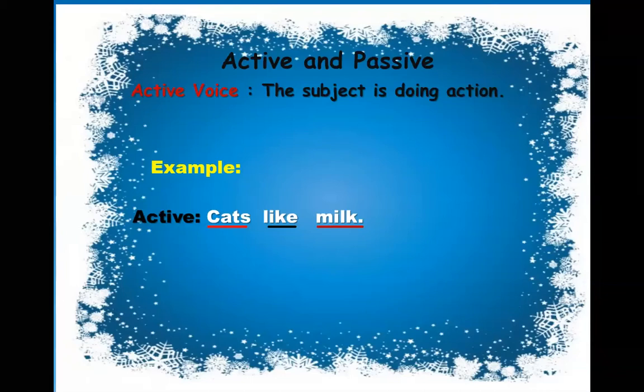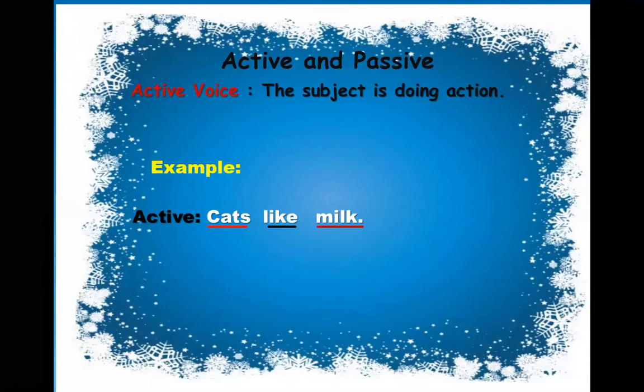So each sentence has got subject, verb, and object, like this sentence. Can you see? Cats like milk. Who can tell me where is the subject here? Cats. Excellent. Cats is the subject of the sentence.